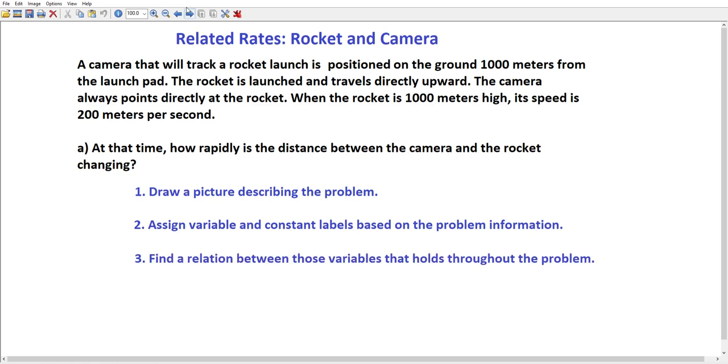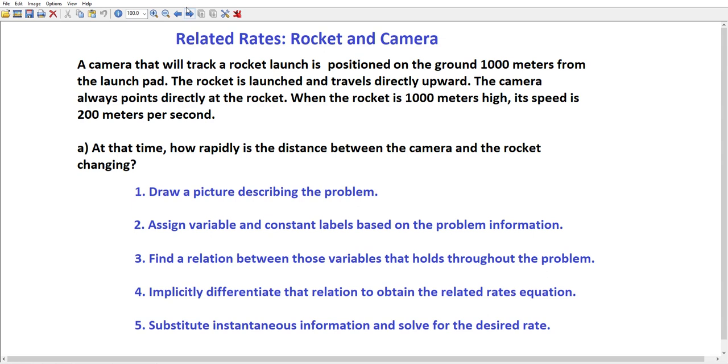From that, you want to find a relation between those variables that holds throughout the problem, not just instantaneously, but throughout the problem. 4, you want to implicitly differentiate that relation to obtain the related rates equation. And then finally, 5, substitute instantaneous information and solve for the desired rate.